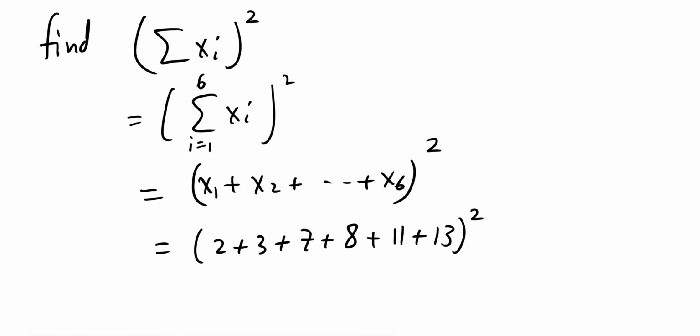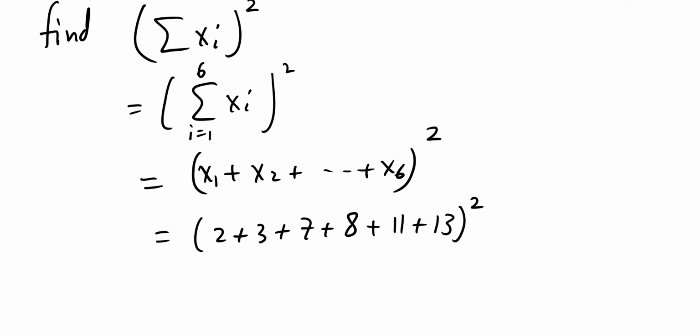We add all these numbers up and get 44. And when we square that, we get 1936. So that's how we find the square of the sum of the values.